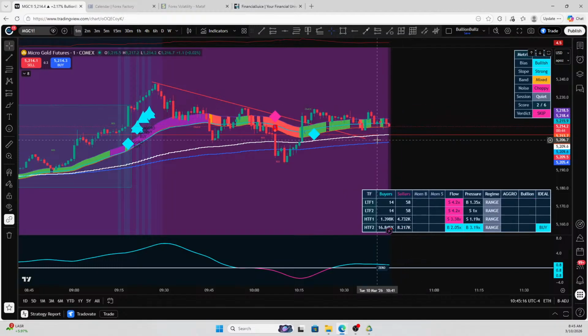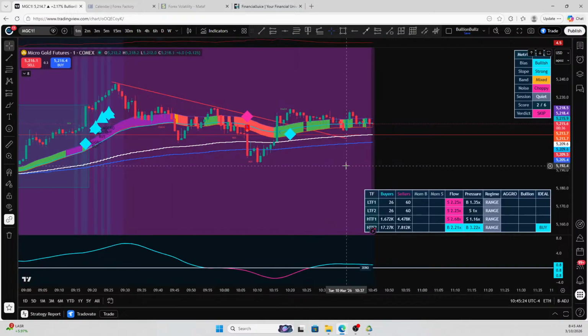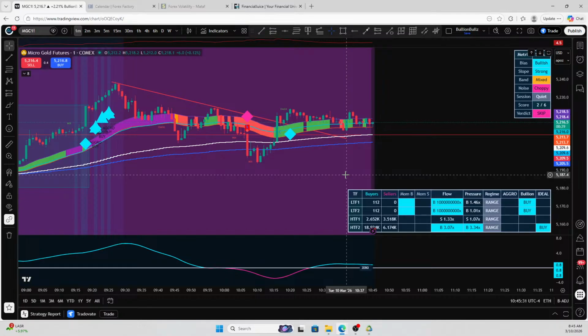Also, whenever the market starts to move inside the band, it's another indication that the market is choppy. We noticed that the most difficult thing for traders is to figure out when the market is choppy versus when the market is trending.